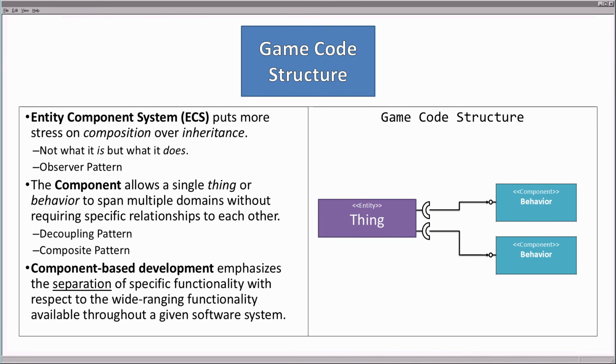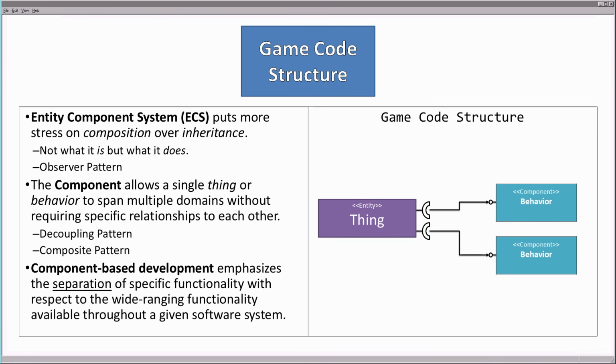We also keep in mind that composition is another version of the association or the has-a relationship between classes. This is related heavily to the concepts in the observer pattern or mediator pattern. The component allows a single thing or behavior to span multiple domains without requiring specific relationships to each other.